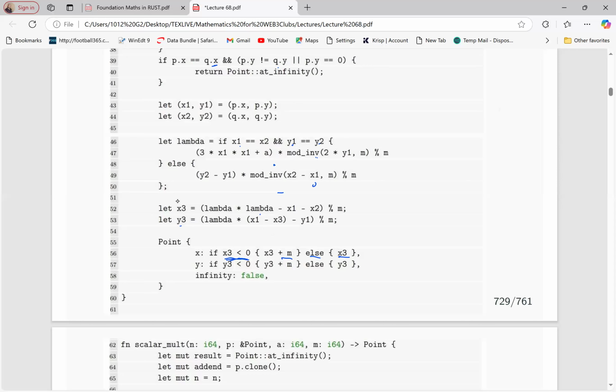But if it is less than 0, you add m to it to get x3. That's what this part means. What about the y? If y3 is less than 0, again, add m to it to get y3. Else, it remains as y3.